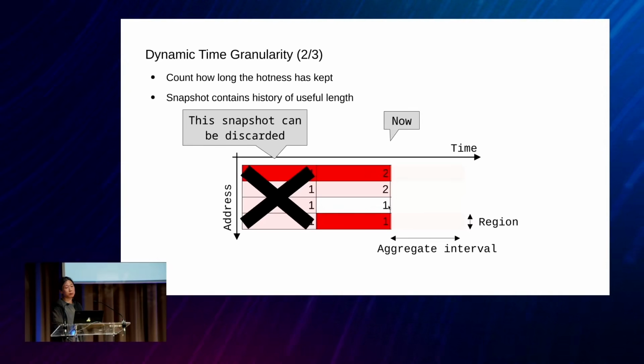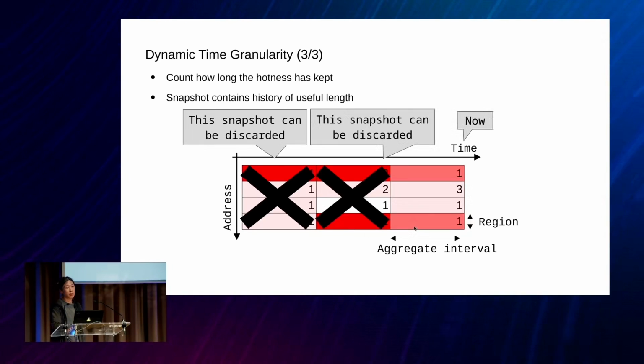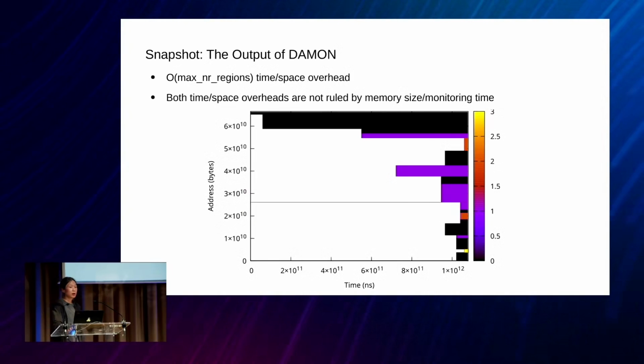If not, the counter is reset and counted again from the beginning, like this. Therefore, we don't need to keep every snapshot to get the really useful history, but can just discard every snapshot that is already outdated. The snapshot is the visualization and the output of DAMON.